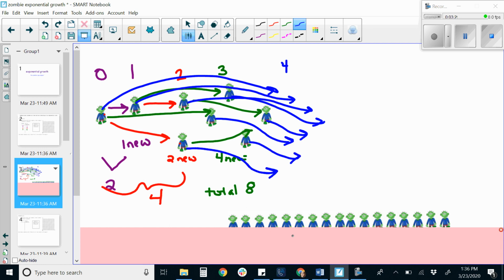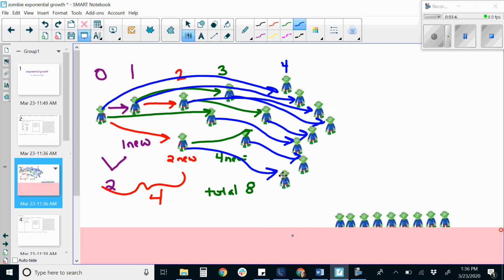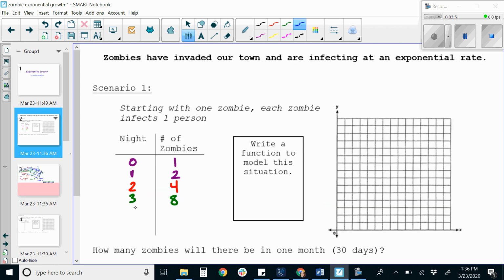Gotta make sure they all get one. 1, 2, 3, 4, 5, 6, 7, 8. 8 new, total of 16. So what's the pattern here?